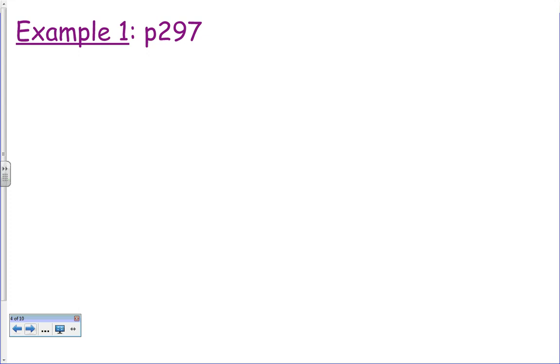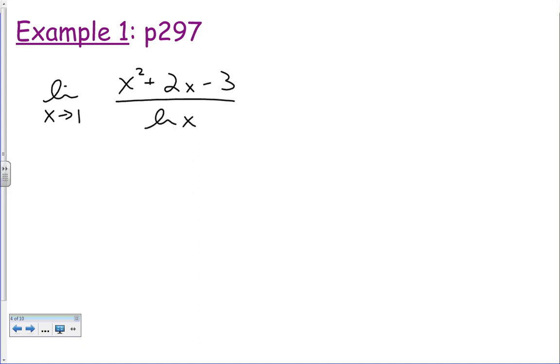So let's take a look at example 1. Example 1 says to find the limit as x goes to 1 of x squared plus 2x minus 3 divided by the natural log of x.